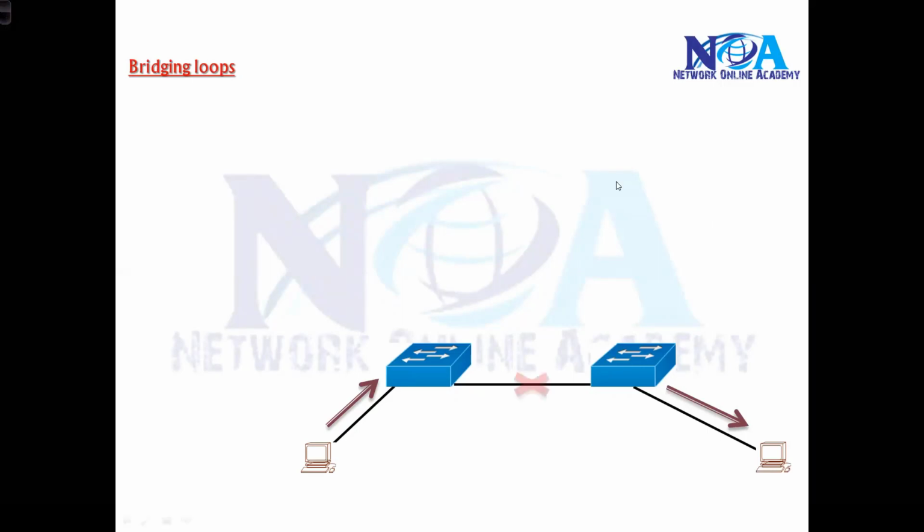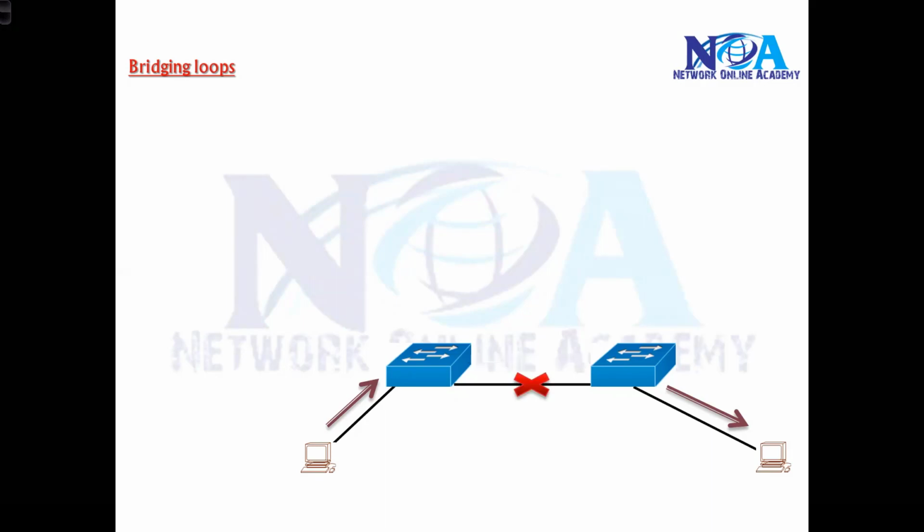But what happens if that link fails? If the link goes down due to a connectivity or port issue, the users on switch 1 will not be able to communicate with the users on switch 2. So there will be a single point of failure.